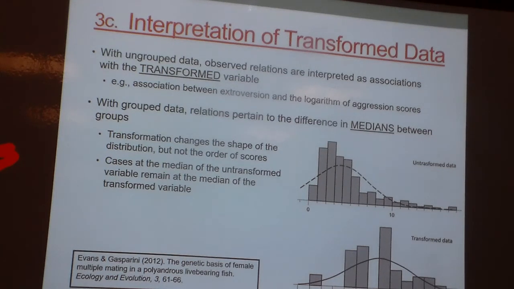The same case is still the value at the median. The median stays identical, so the value doesn't stay the same, the values change, right? But the person who's at the middle of the distribution remains the person at the middle of the distribution no matter what. It's just our means that start to change around because we've changed the scaling of that variable to bring it in line. And hopefully people get a sense of what we're working with in terms of our transformed variables here.